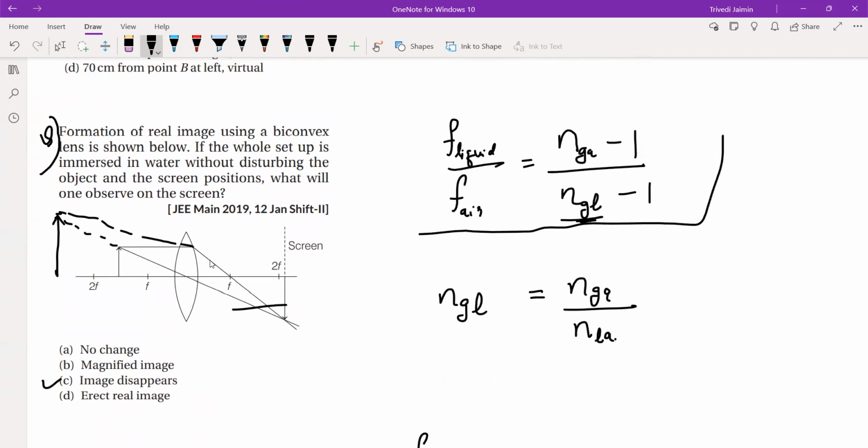Some of you, if you know, it's better. So F of liquid by F of air, refractive index minus 1, same way.